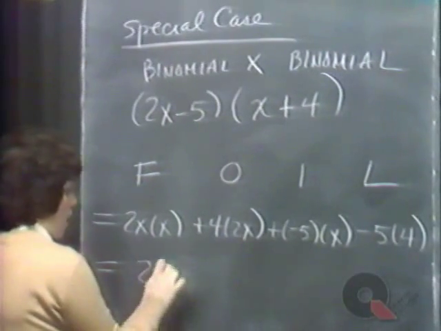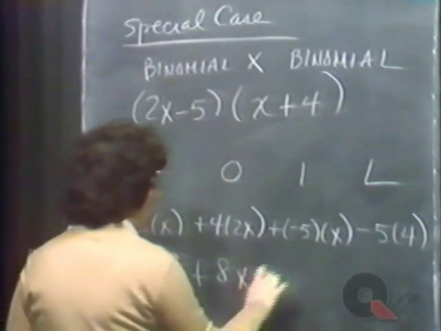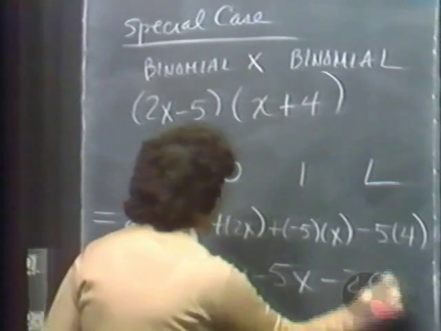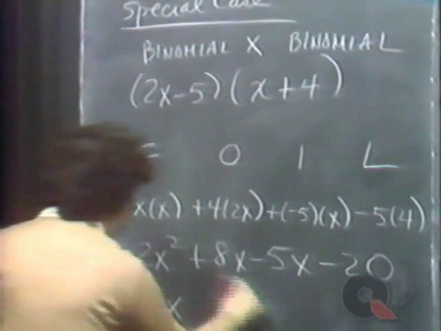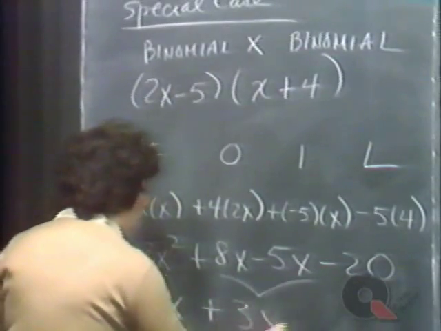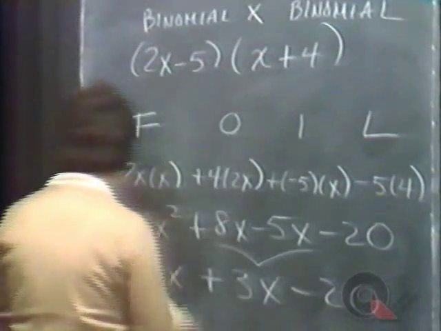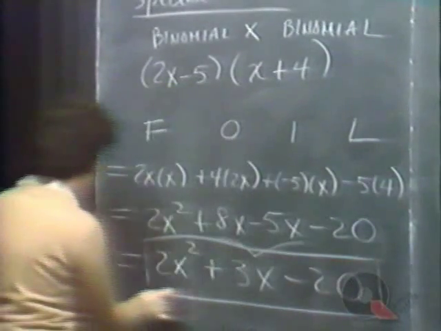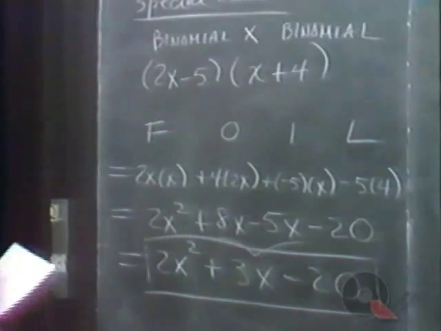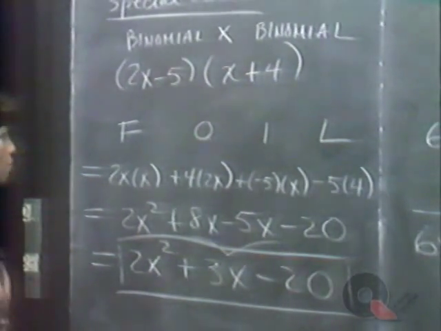Giving us 2x squared plus 8x minus 5x minus 20, or 2x squared, combining these two terms, plus 3x minus 20. Two x squared plus 3x minus 20.